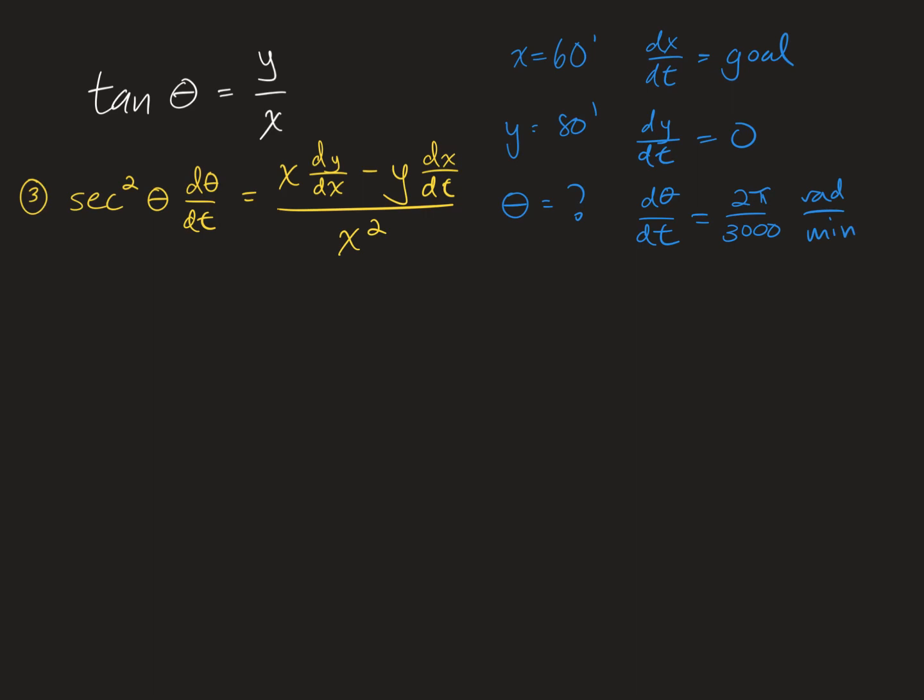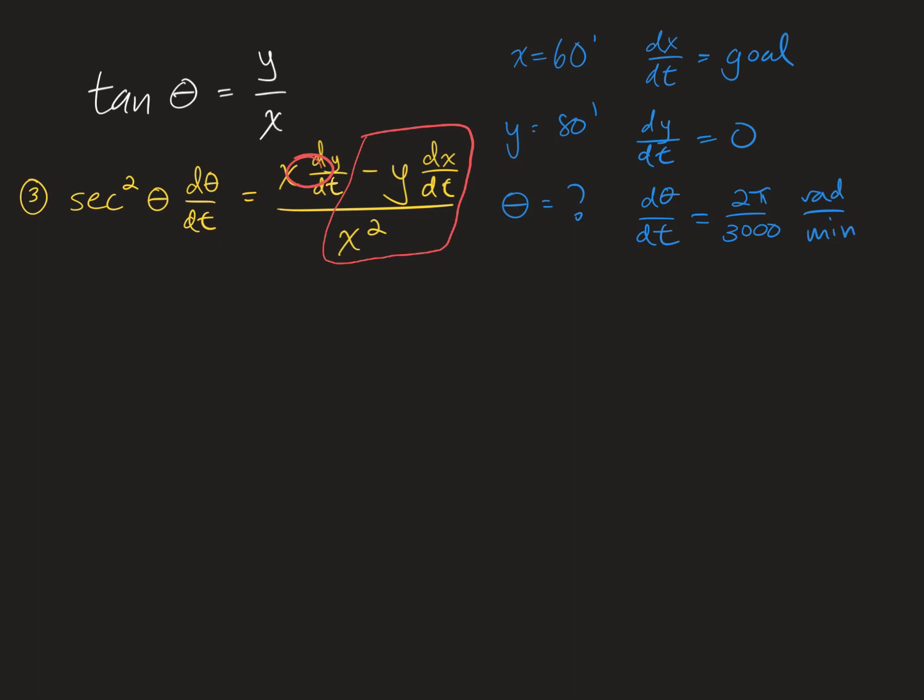This works out very nicely because, again, we know dy dt right here is 0. So that will zero out this entire term, and we will just be left with this fraction here on the right side.